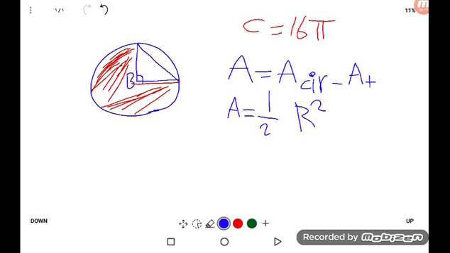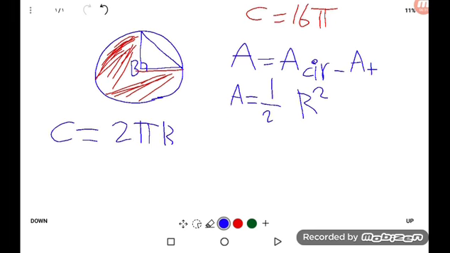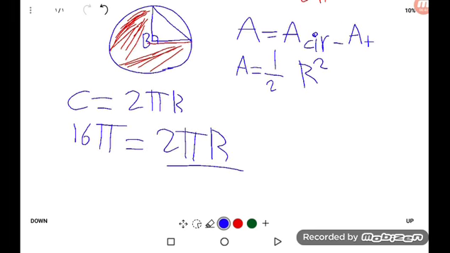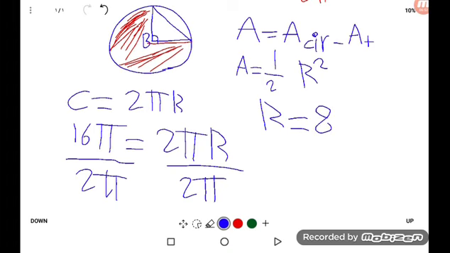Now we need to find the radius. We have the circumference is equal to 2 pi r, and the circumference is equal to 16 pi, so 2 pi r. Now divide both sides by 2 pi, so the radius is equal 8.